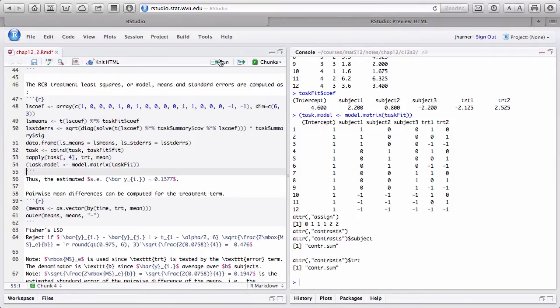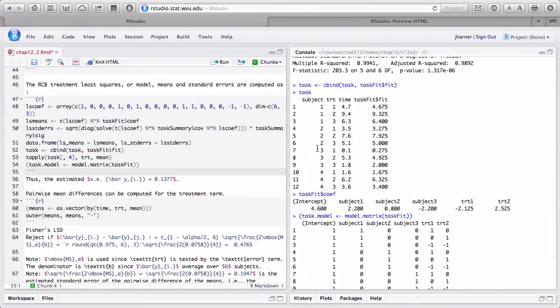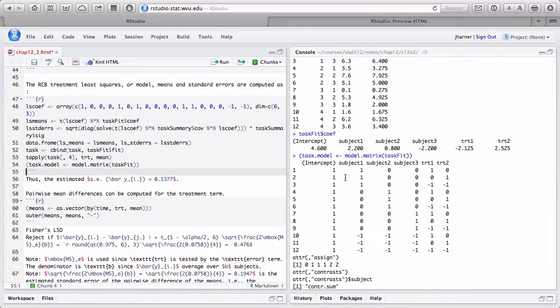And so the model matrix is constructed from, in other words, this first column right here, subject, expands out to these three columns. These are called dummy variables. In other words, we don't fit 1, 2, 3. If we did, it would be like a regression. It would treat 1, 2, and 3 as numeric.